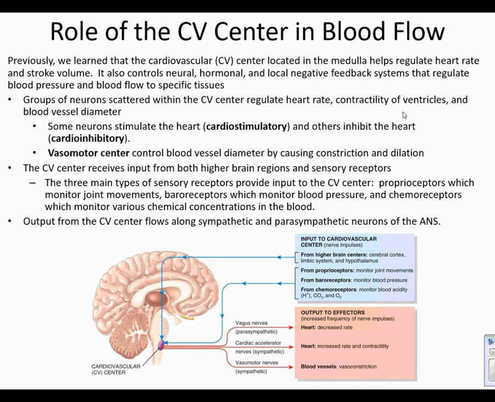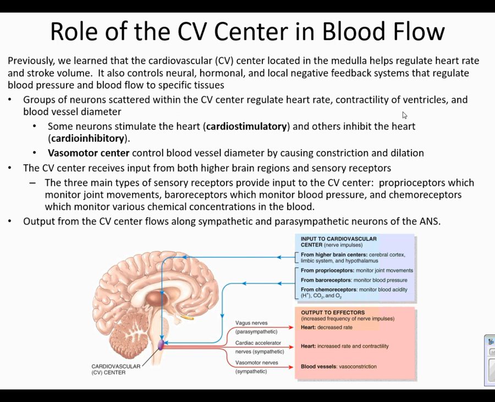Therefore, since heart rate and stroke volume are the 2 factors that influence cardiac output, because remember HR times SV equals cardiac output, it also influences blood pressure. So we'll be talking a little bit more about heart rate and stroke volume in this lecture as well. Okay. The cardiovascular center also controls neural, hormonal, and local negative feedback systems that can regulate blood pressure and blood flow to specific tissues.